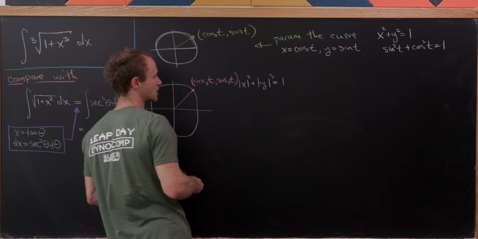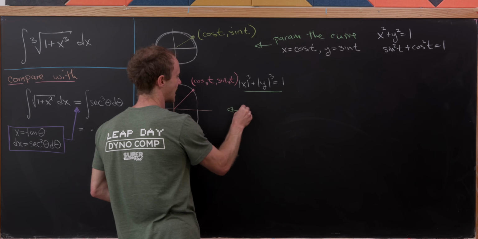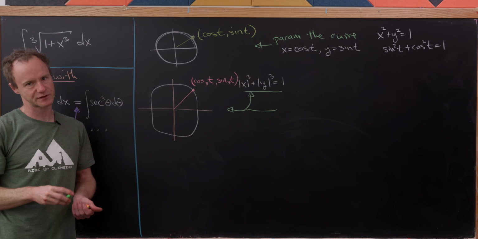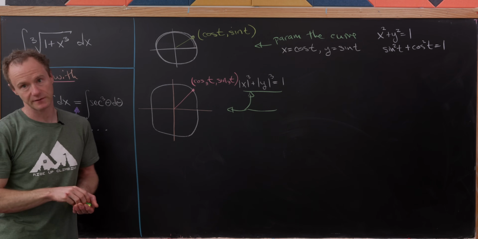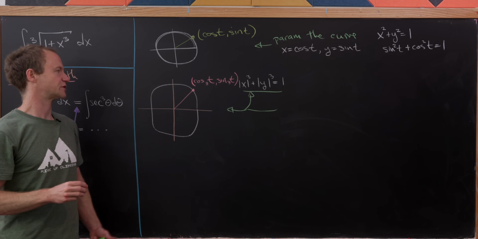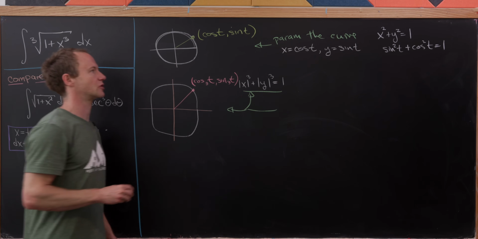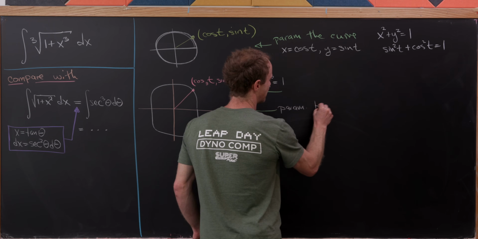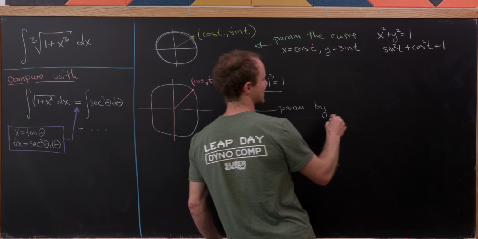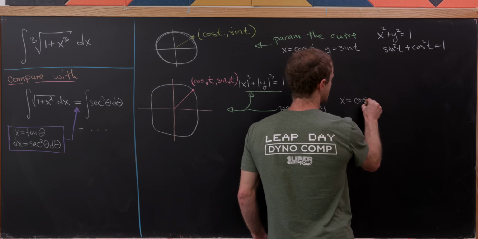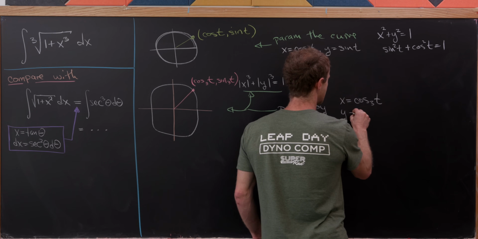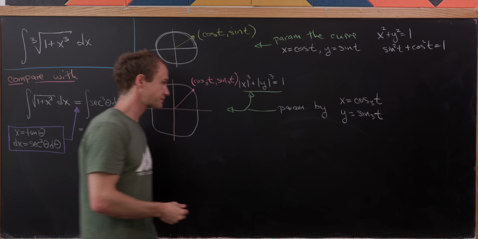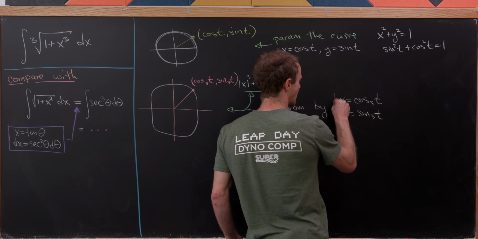In other words, this curve defined by the equation absolute value of x cubed plus absolute value of y cubed equals 1 is parameterized by x equals cos_3(t) and y equals sin_3(t).